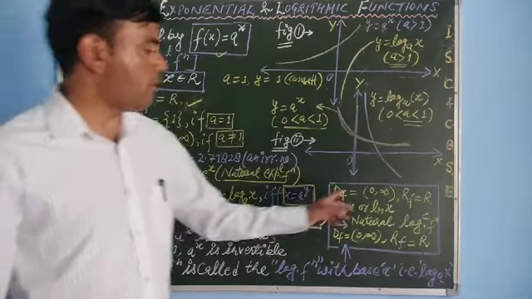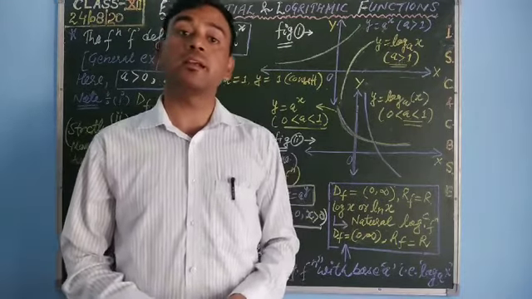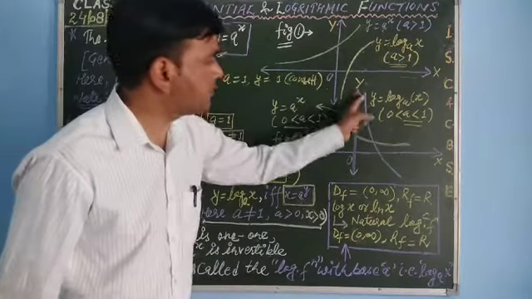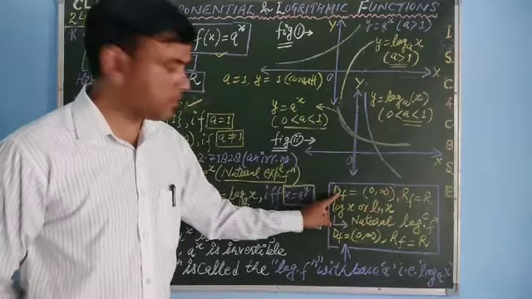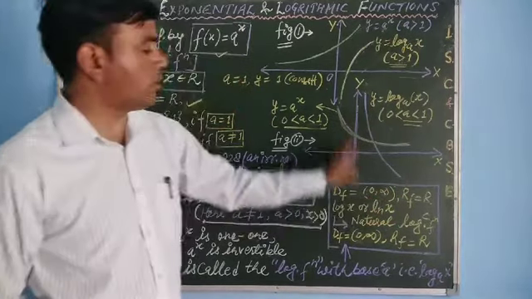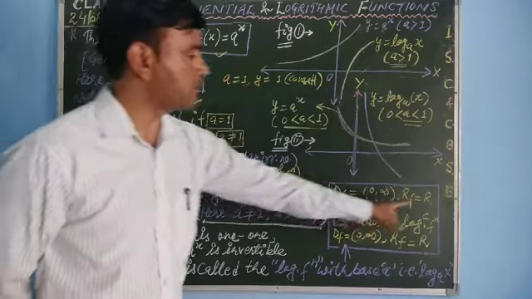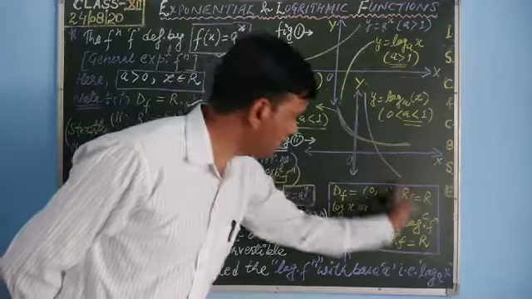The graph of the logarithmic function is always strictly monotonic, because it is either strictly increasing or strictly decreasing. So the domain of the logarithmic function is 0 to infinity, for all positive real numbers, and the range is always real numbers, from negative to positive or from positive to negative.